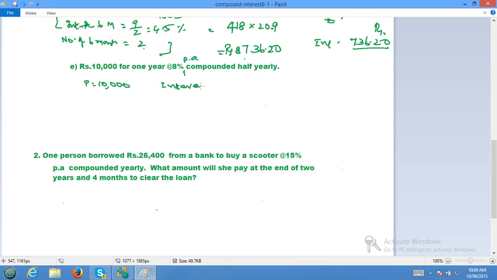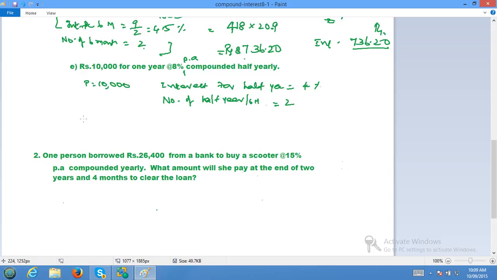Interest for half year is equal to 4%. Next is the number of half years, or 6 months, equal to 2.